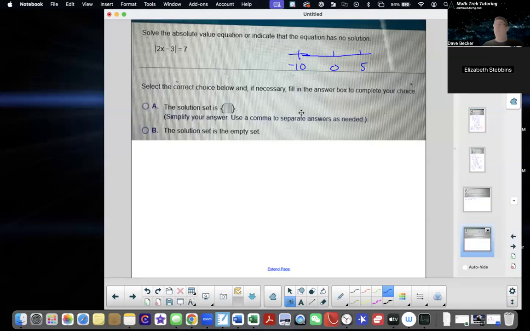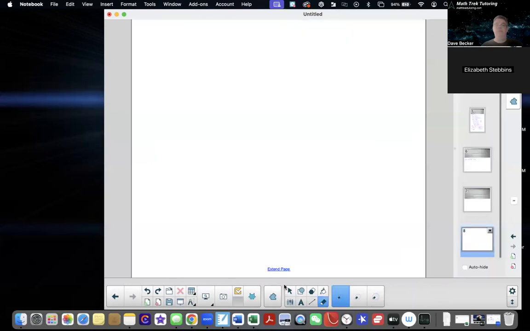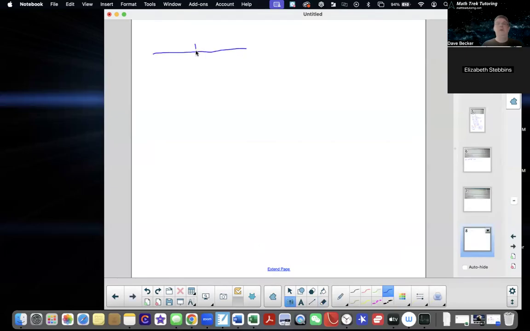Which means there is always the possibility of a positive and a negative solution. So I had this 0, 5, -10. The absolute value of -10 equals 10. Absolute value of 5 equals 5.